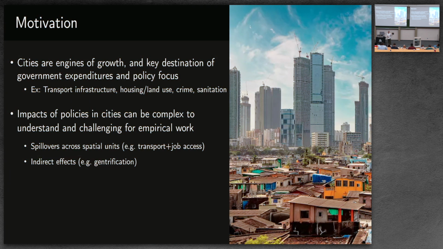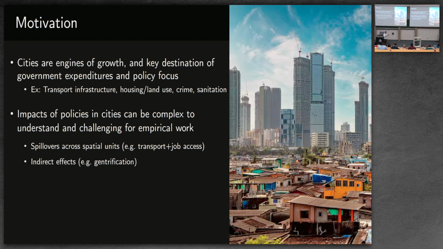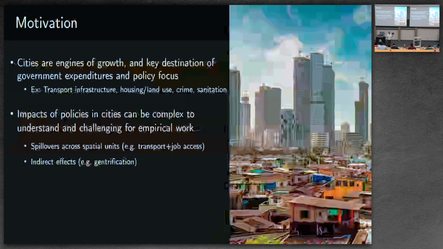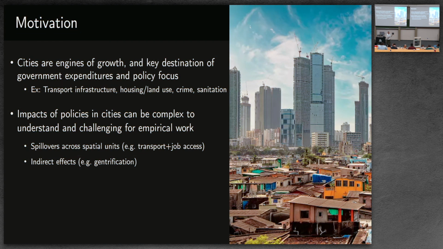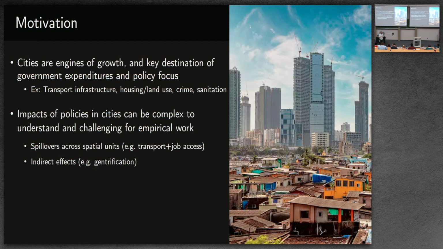The reason these spillovers create a challenge is that the people who live further away can also be impacted by the policy. Once you think about this a bit more, you realize that the entire city can be affected by one policy, and so it becomes very hard to have a pure treatment and a pure control. That's a challenge for typical analysis that these frameworks are going to address, as I'll discuss.